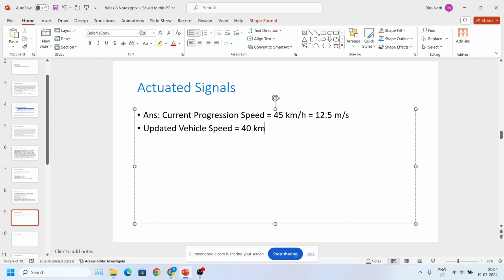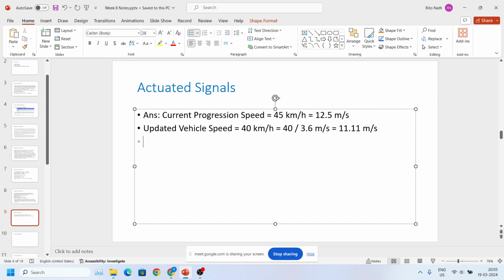It's 40 km per h, which is 40 divided by 3.6 meter per second. So that gives you 11.11 meter per second.